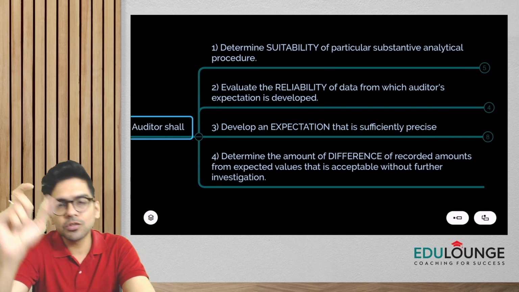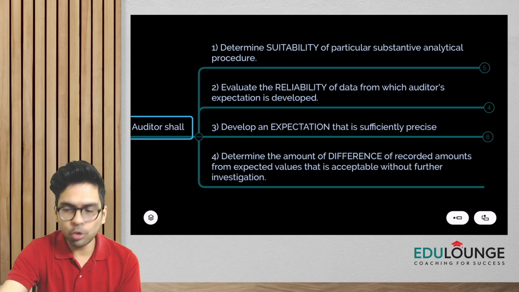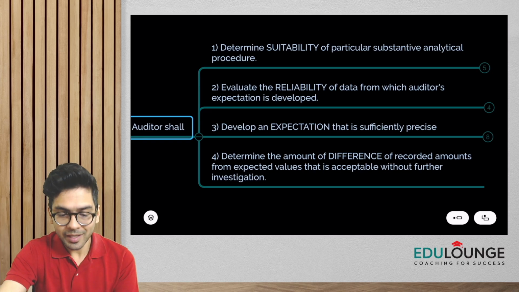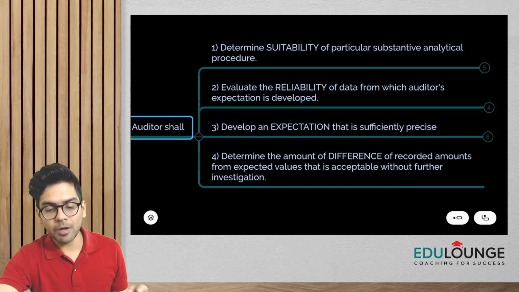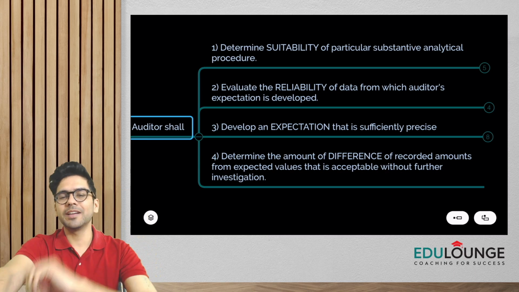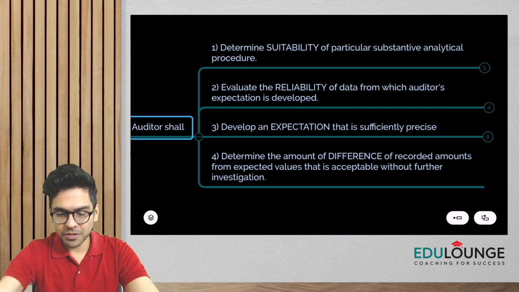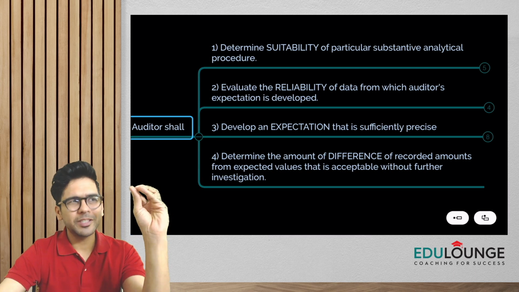So first you have to check the suitability, whether it is going to be suitable here to do analytical procedures. Second, guys, you also have to be concerned about the reliability of the data from which the auditor's expectation is developed. Now, when I'm doing an analytical procedure, I would also develop an expectation. Expectation means, okay, the GP ratio must be this much.